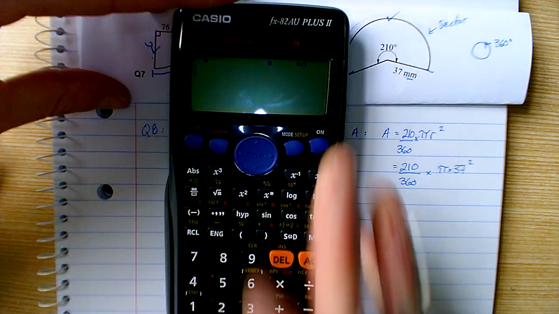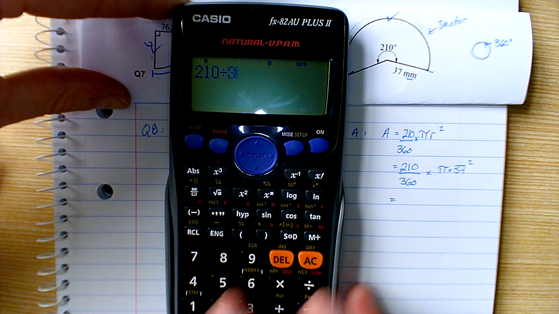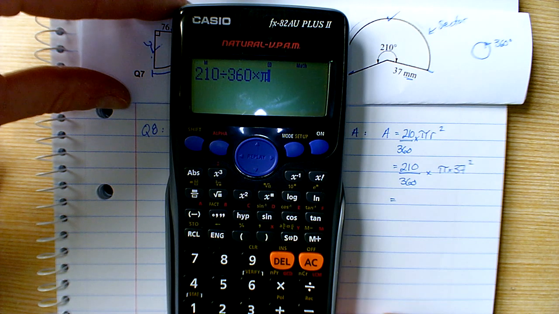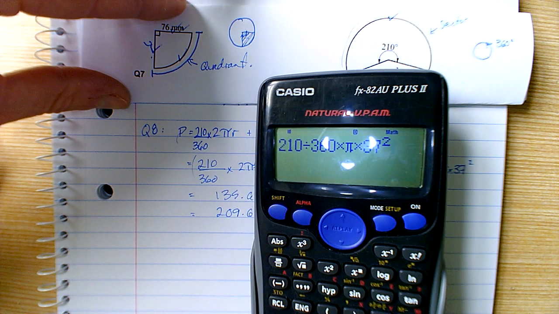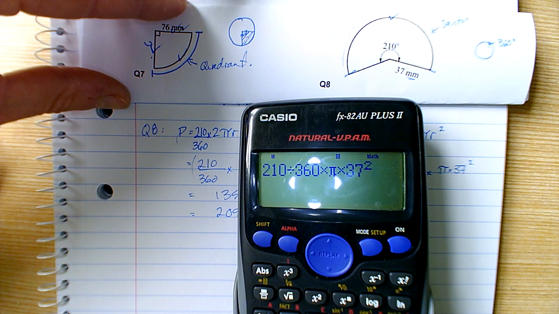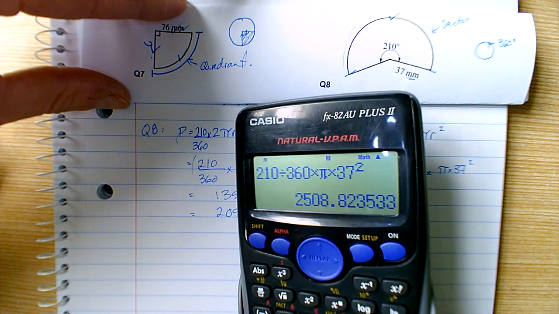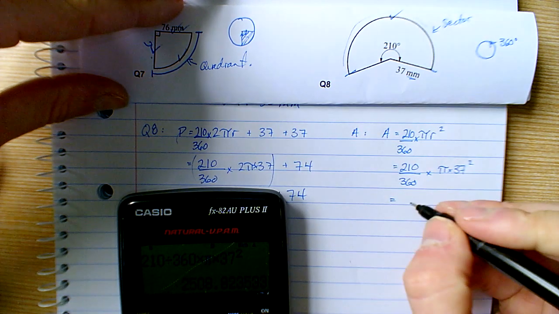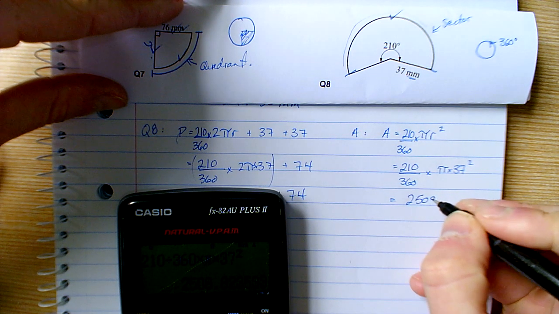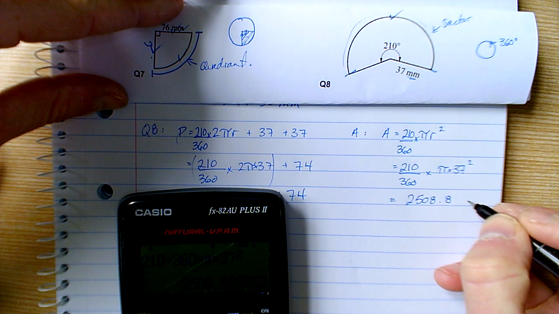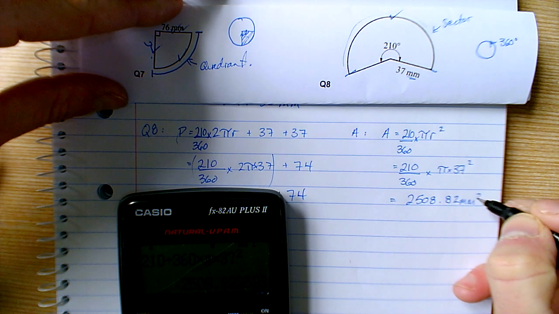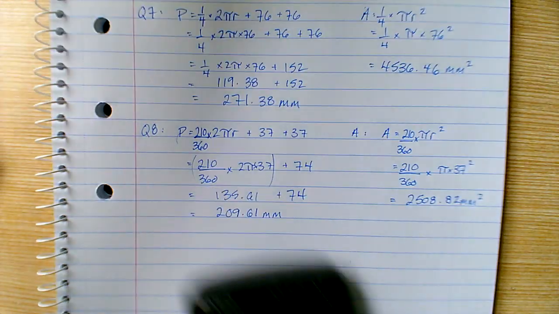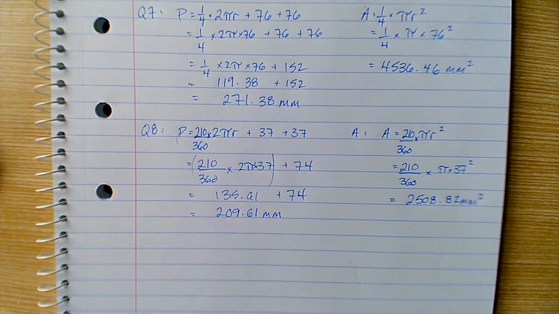On my calculator, I now type that in. 210 divided by 360 times pi times 37 squared. So it looks like that on my calculator. I then press equals to get the answer of 2,508.82 millimeters squared.